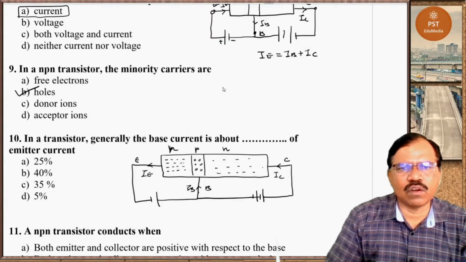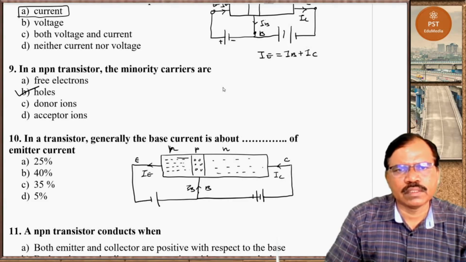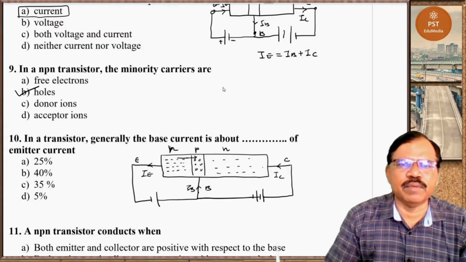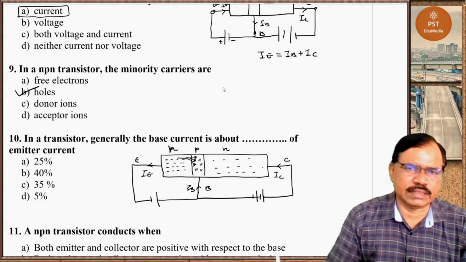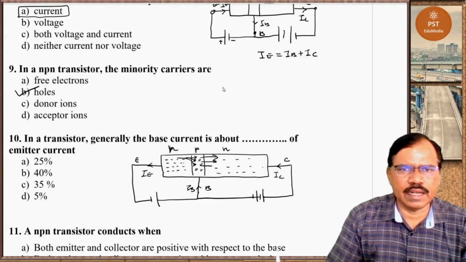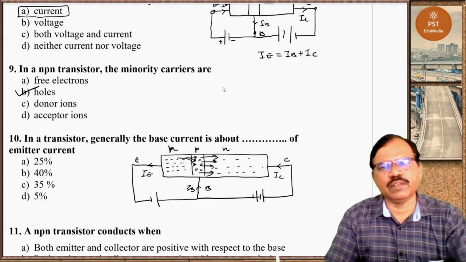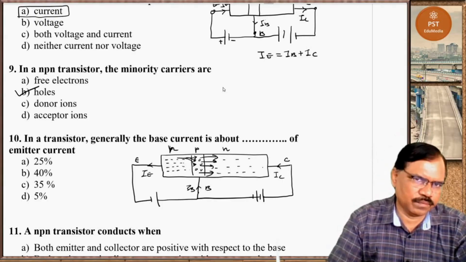So what happens? Electrons flow from emitter. They enter in the base. Some of the electrons recombine with holes in base. They constitute base current, and remaining will go in collector region.